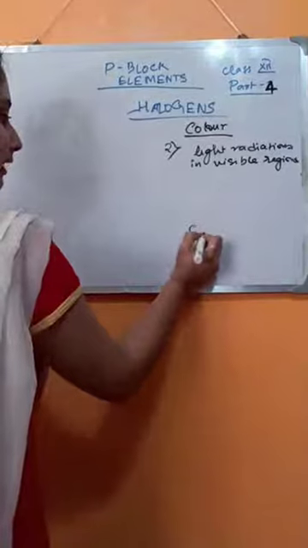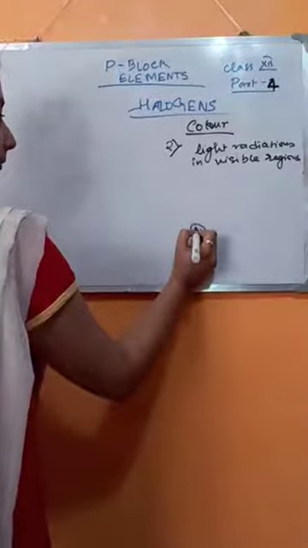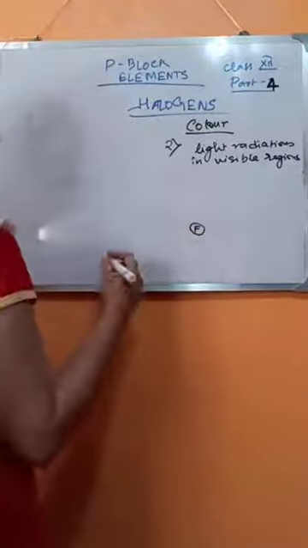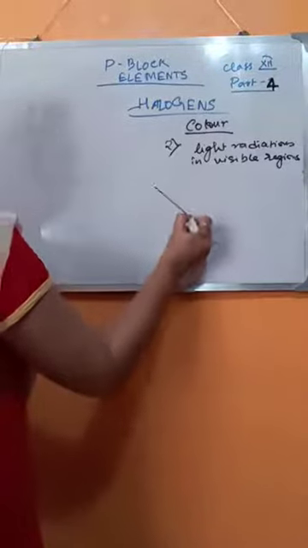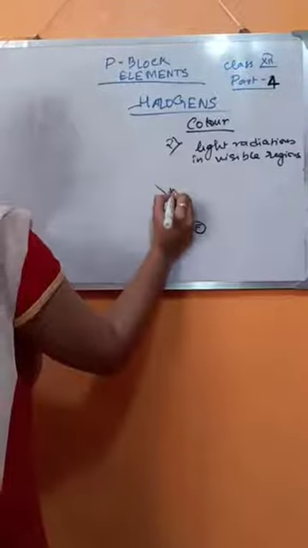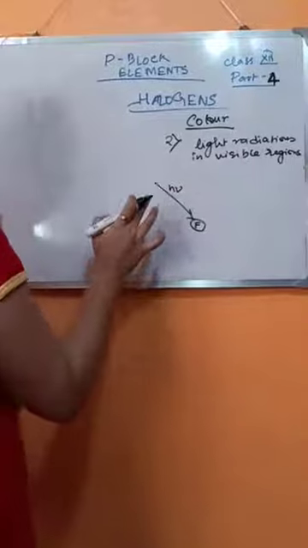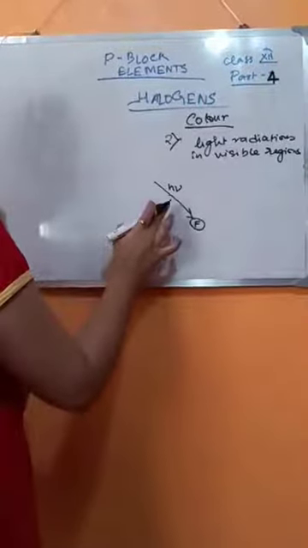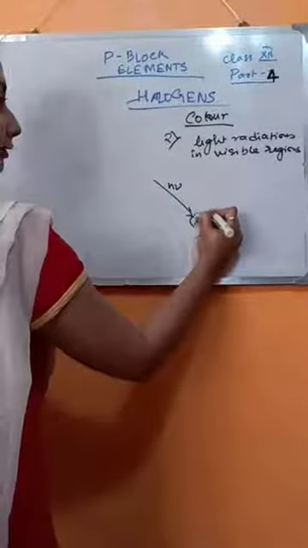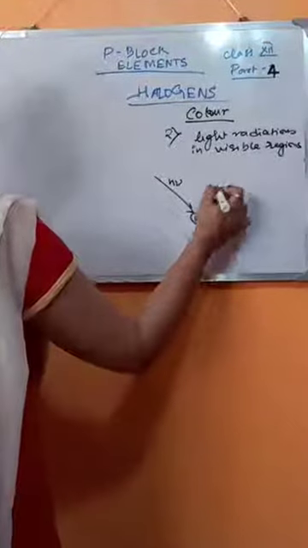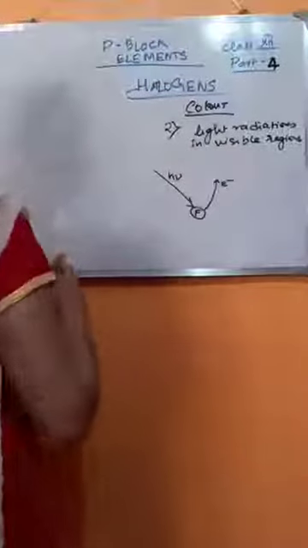For example, this is the fluorine atom. As soon as it absorbs the light radiations in the visible region, one electron will get excited to a higher energy level.